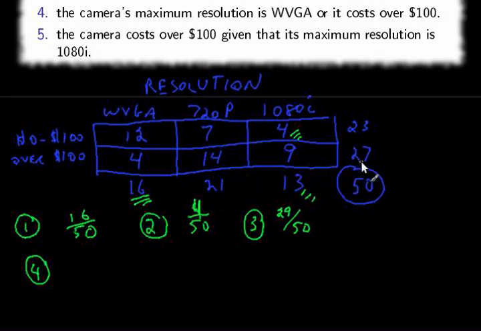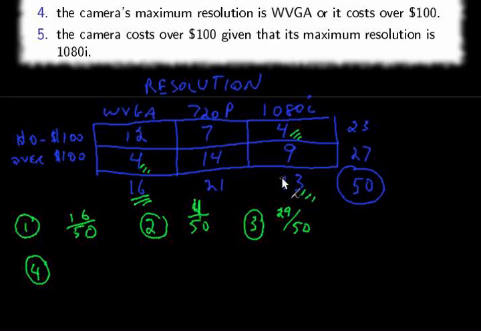We can't just add 27 plus 16 to get the total number of cameras with a maximum resolution of WVGA or costing over $100. If we do that, we end up adding this box twice, once because it's over $100 and once because it's WVGA.